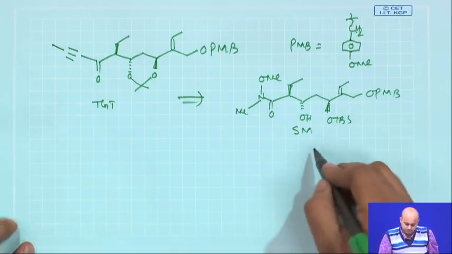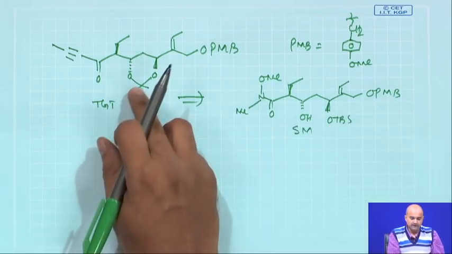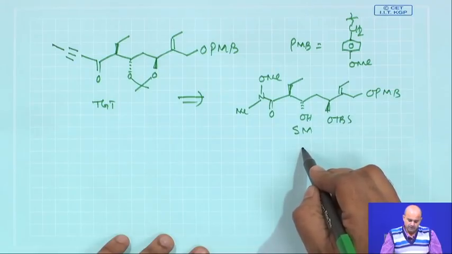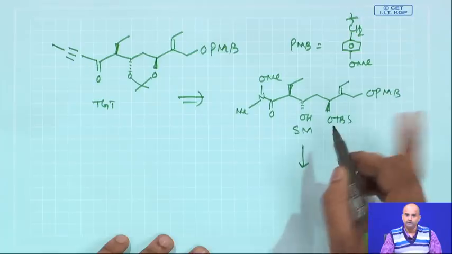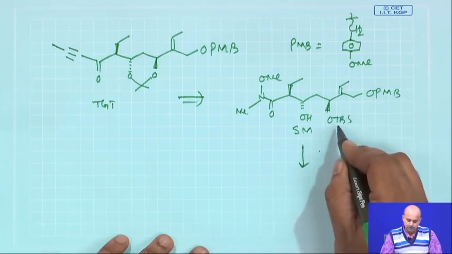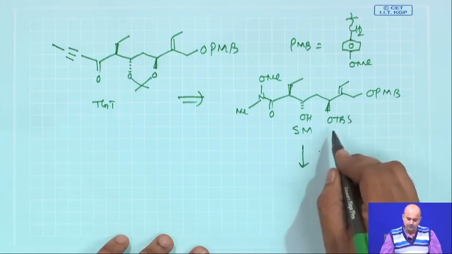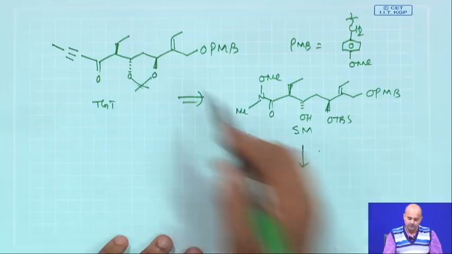So you need to protect this diol as an acetonide. Usually in reality, what was done? This is a TBS, meaning a silyl containing protecting group. The best way is to first remove it, so that it becomes a free OH, then you protect it with acetonide.